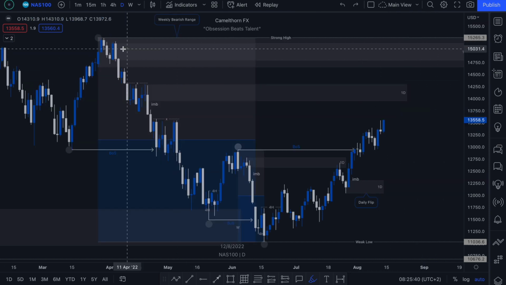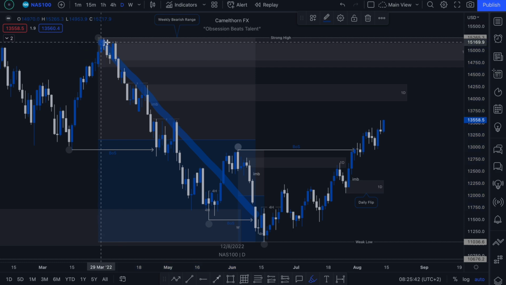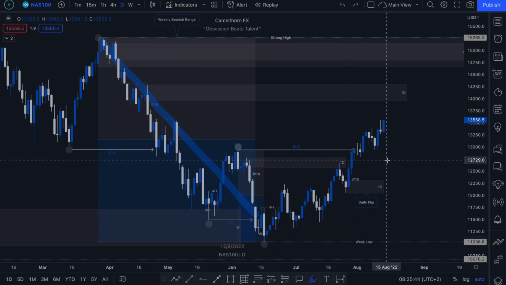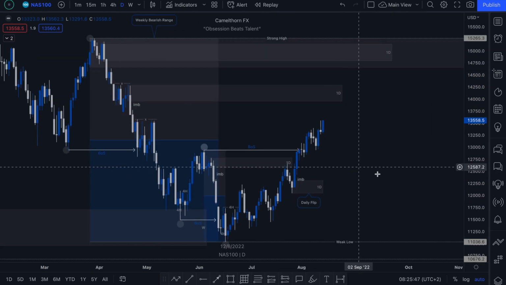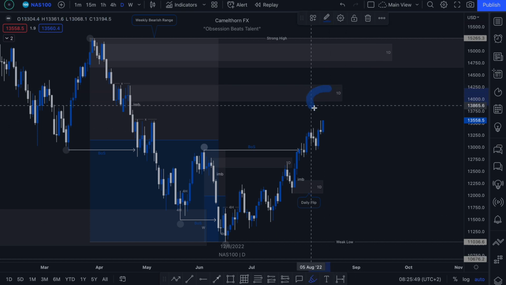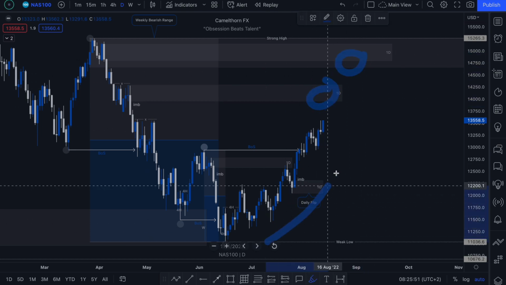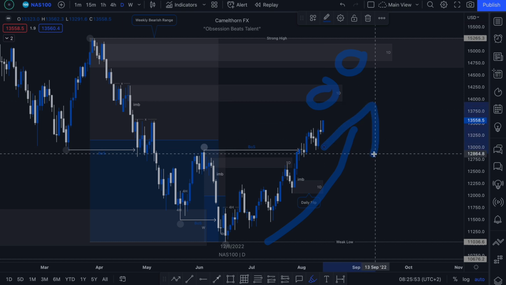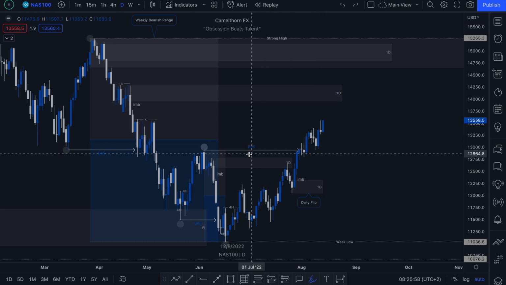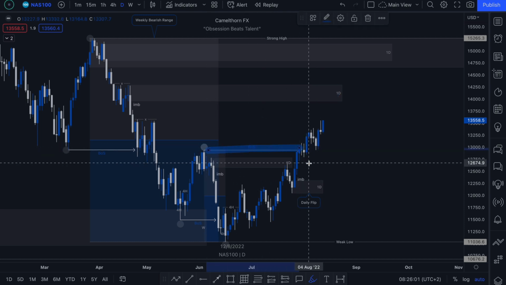And if we bring back our weekly bearish range in here, what you can see is we've got very clear targets that we can aim for while price action is in this bullish pullback. Okay, so from a daily point of view, we have quite obviously broken structure to the upside.